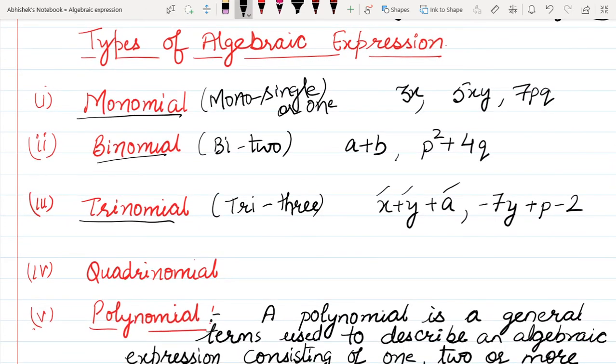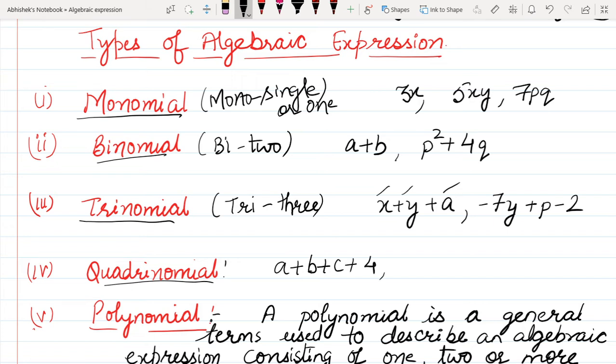Now next we have quadrinomial. So what is a quadrinomial? An algebraic expression consisting of four terms. Any expression which consists of four terms is known as a quadrinomial. So we can write a plus b plus c plus 4.